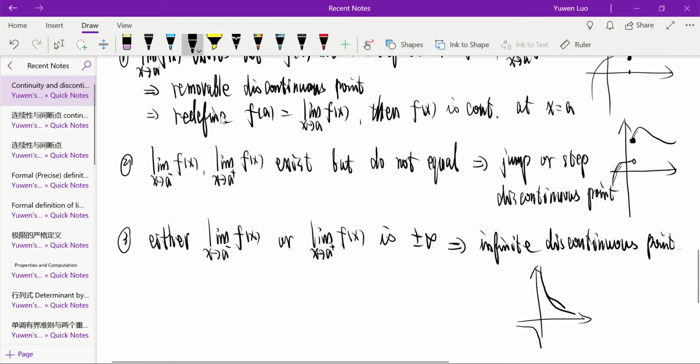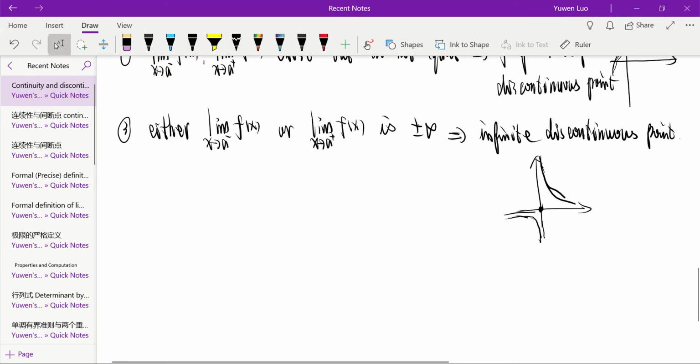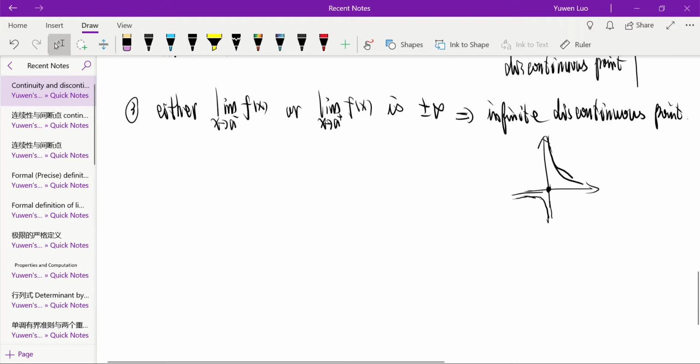This is the graph for 1 over x. At x equals 0, the left limit tends to negative infinity, and the right limit tends to positive infinity. Either one of these is called an infinite discontinuous point.